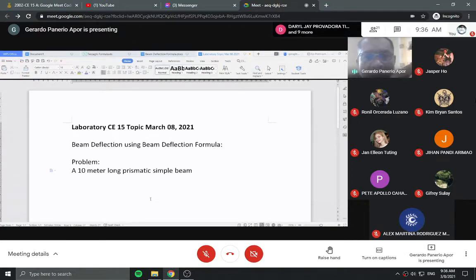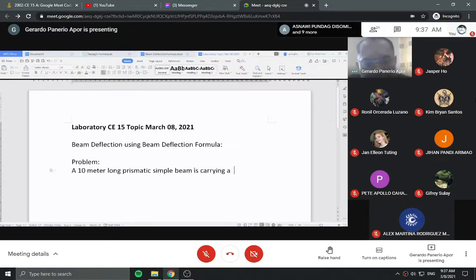But if the beam is made up of two materials, let us say you join wood and bamboo, the modulus of elasticity changes as the material changes. In that case EI is not constant. But let us say that EI is constant.